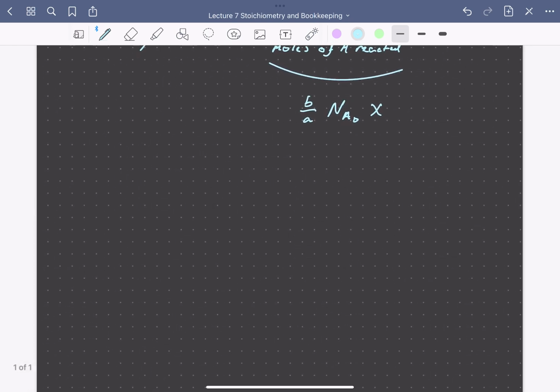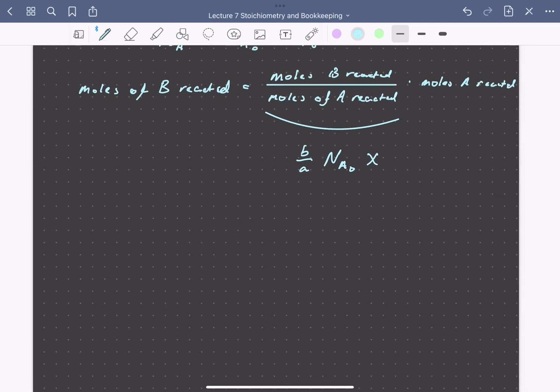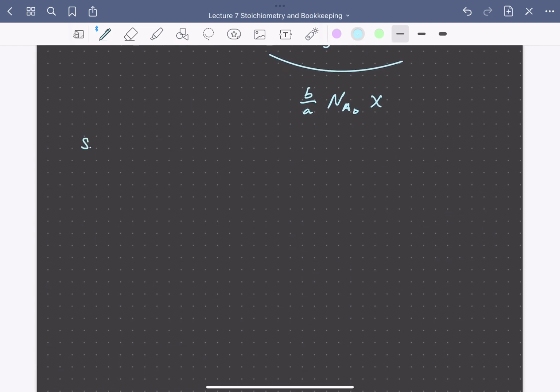So it's useful to set up a stoichiometric table for keeping track of things. So here I'll write for a different species the initial number of moles, the change in moles, so how many react as a function of conversion. So this is going to be a function of our conversion X, and then we will have our number of moles of that species remaining.